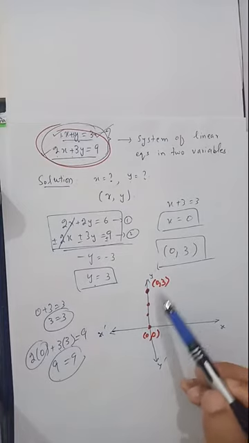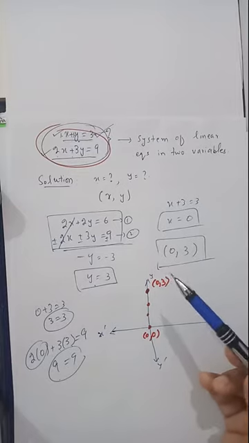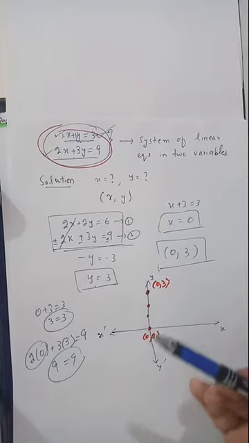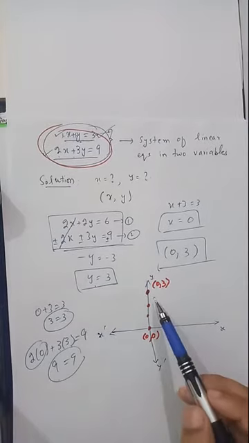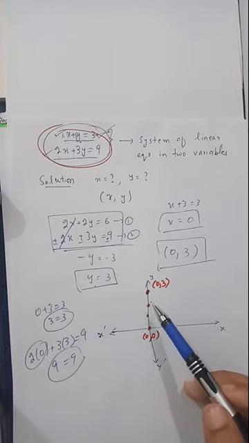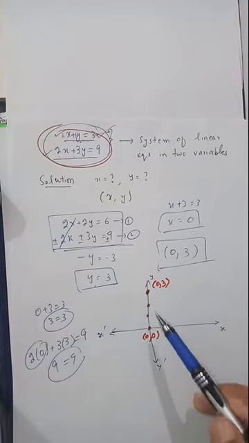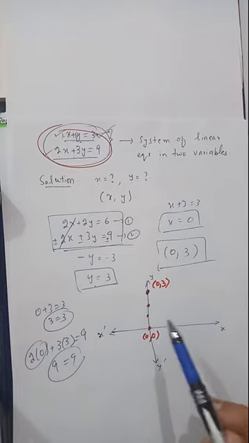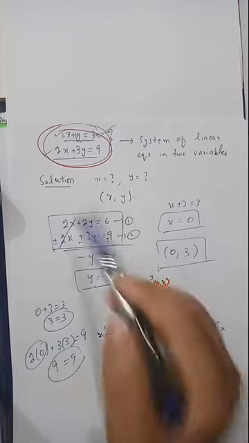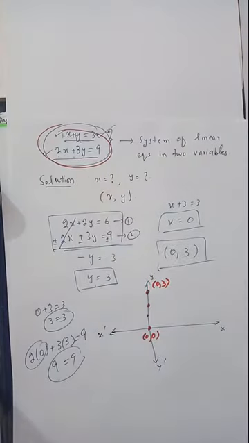It means this point is the point of intersection for both the lines, so this point lies on the graphs of both the equations. We already discussed that a point that lies on the graph is actually the solution.